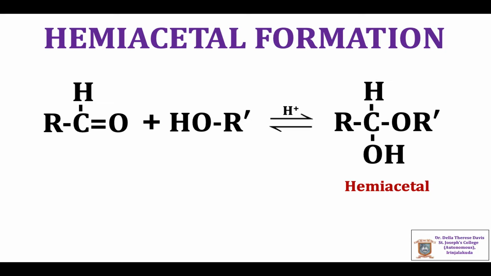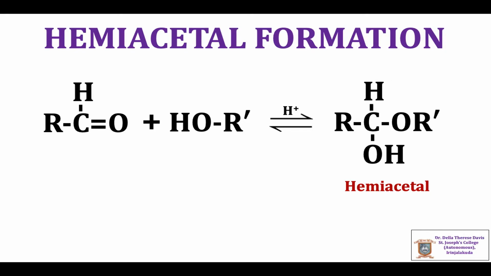In the case of monosaccharides such as glucose and fructose, there is an aldehyde or keto group and many OH groups. Hence, there is a possibility for intramolecular hemiacetal or hemiketal formation. This can result in a cyclic structure.